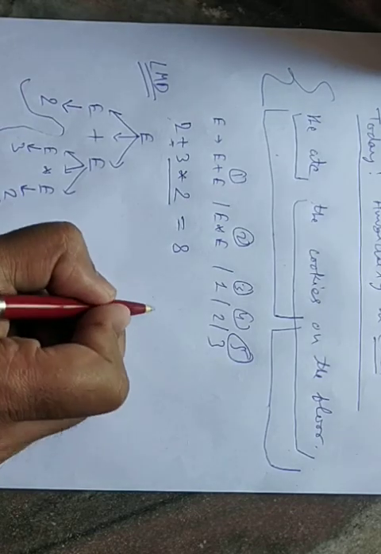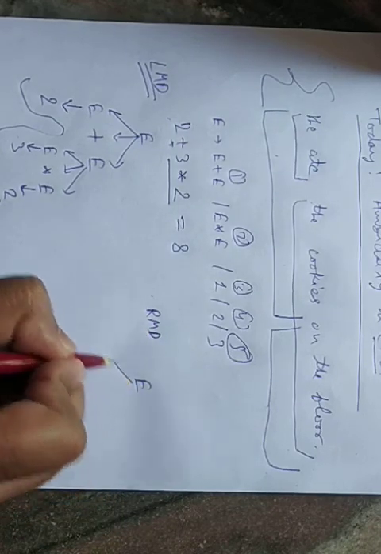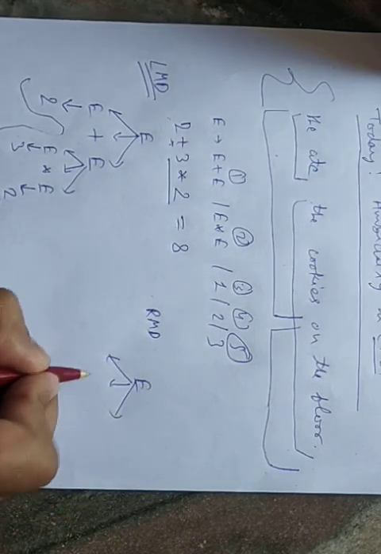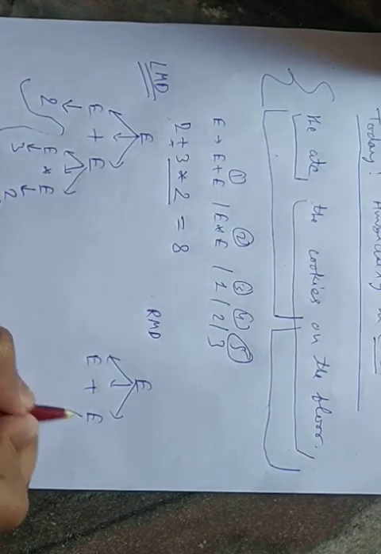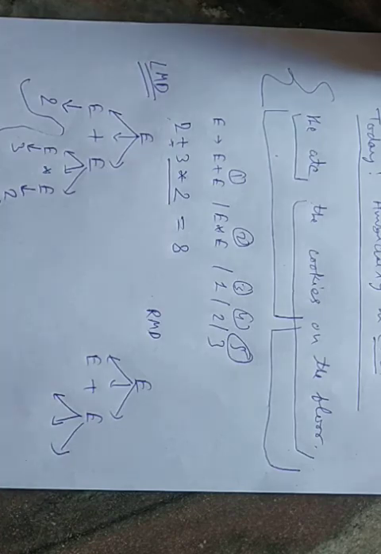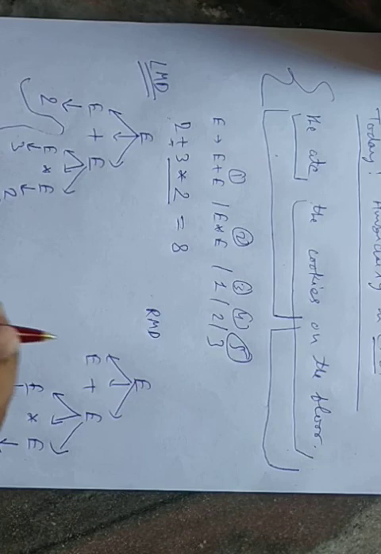Now if I want to generate the RMD, what I'll do is E produces E plus E. I'm going to first solve the right variable first, as we have done in our previous class. E star E, then again write 1, 2, 3 and 2.